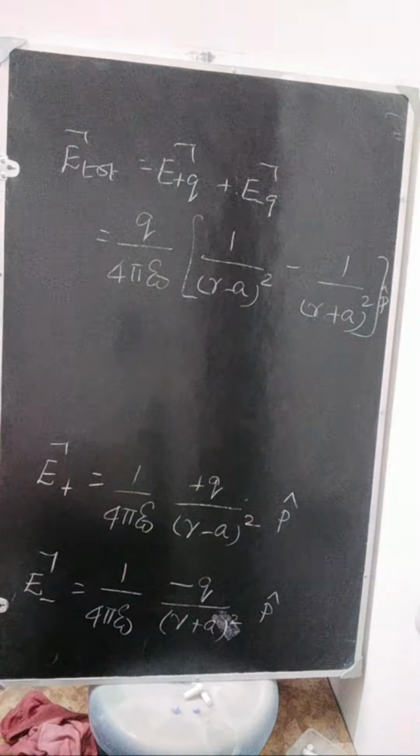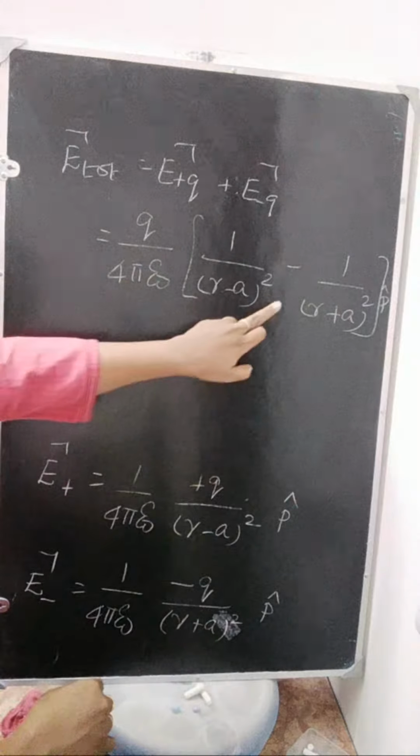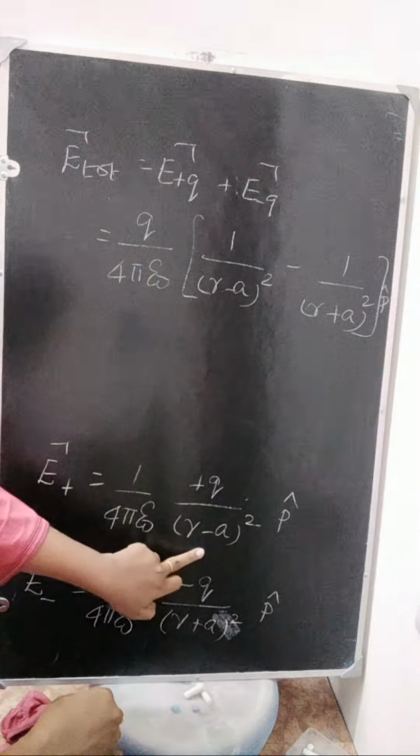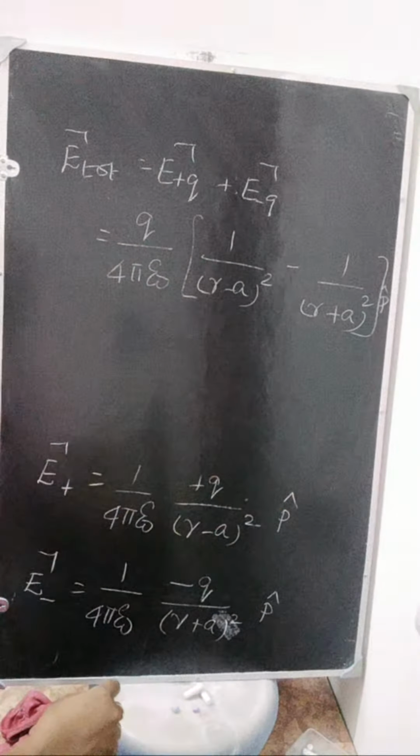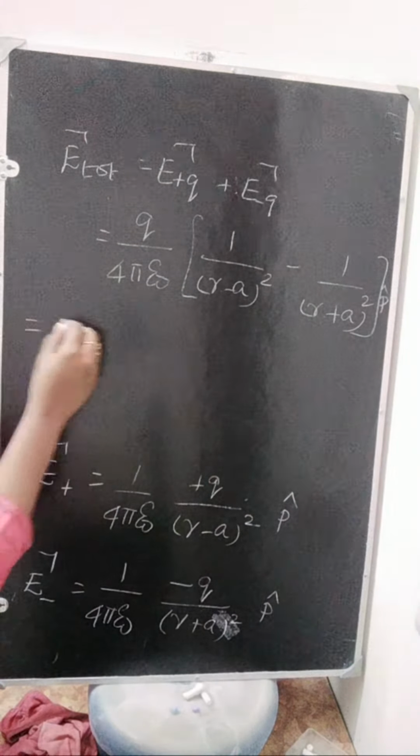What is the value? 1 by R minus A the whole square minus 1 by R plus A the whole square. Now take LCM, minimize the equation more.